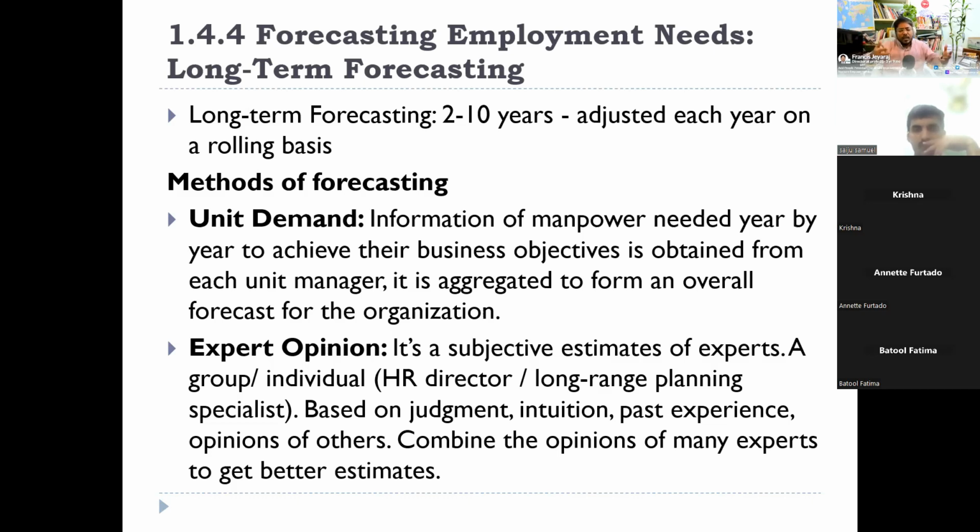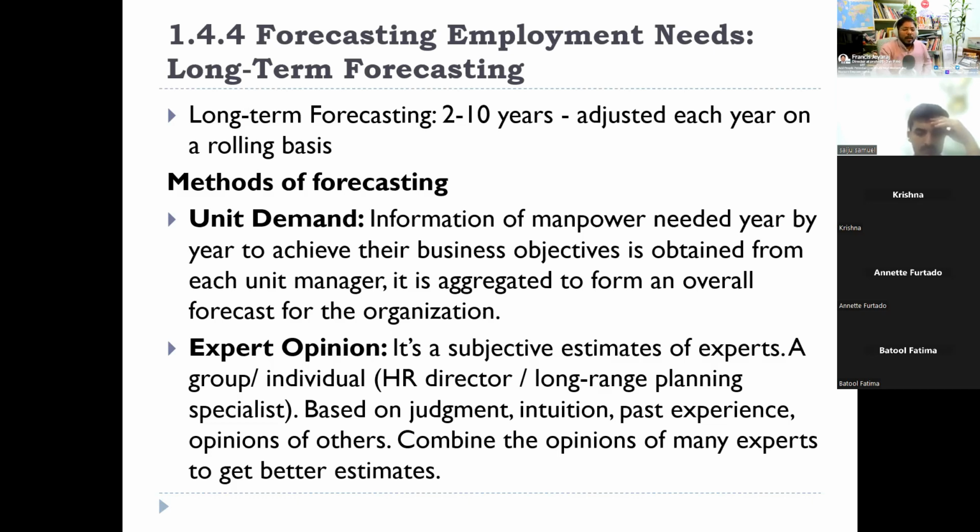Based on that, they give the input, taking into account factors such as technological advancements, industry trends, and labor market conditions, supply and demand, and the availability of the skilled labor pool. And by combining the opinions of multiple experts, the planning department gets all these insights, and the manufacturing company obtains more accurate estimates of future workforce needs.